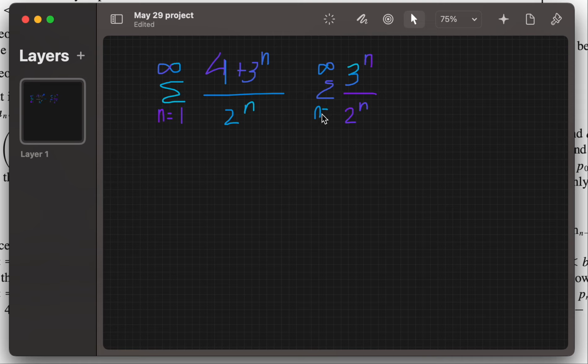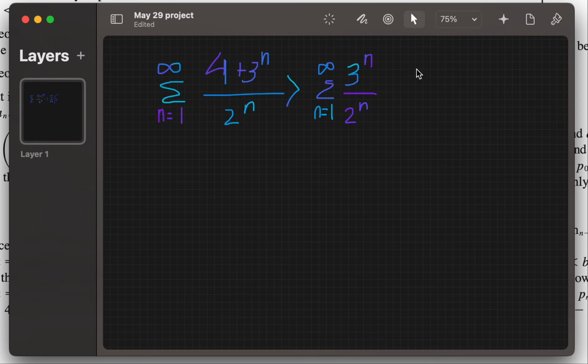because the series of 3 to the power of n over 2 to the power of n is a geometric series, and that has a ratio of 3 over 2, which is greater than 1, so you know this is divergent. And for the original series, the numerator is slightly bigger than the numerator of 3 to the power of n over 2 to the power of n. So you know that this series is bigger.